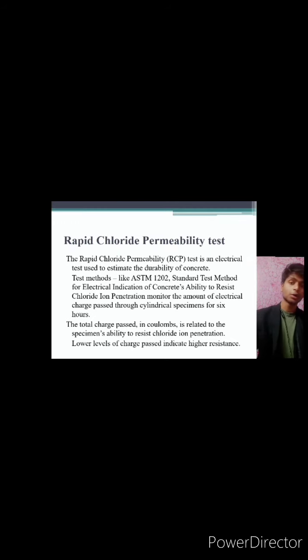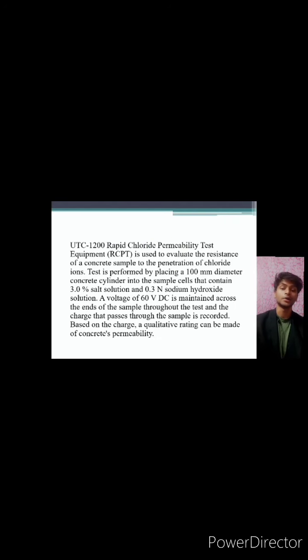A chloride ion penetration monitor calculates the amount of charge that passes through the column. The total charge passed is related to the specimen's resistance to penetration. The lower the charge passed in a concrete, the higher the resistance of the column.